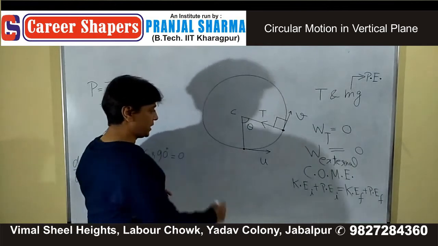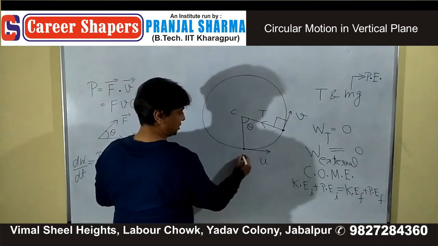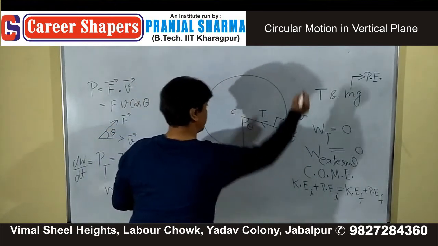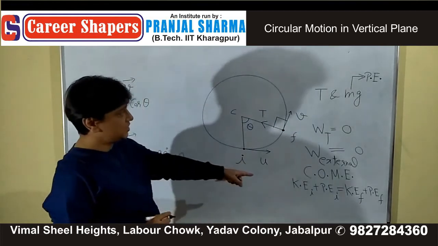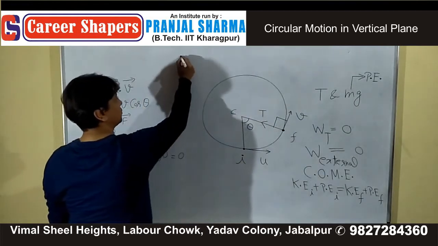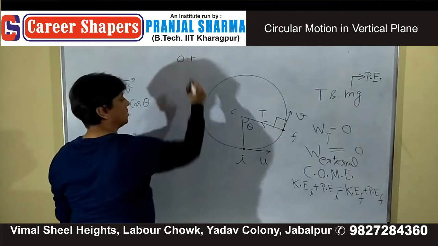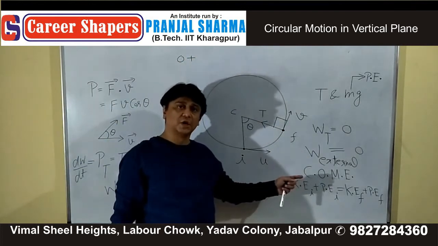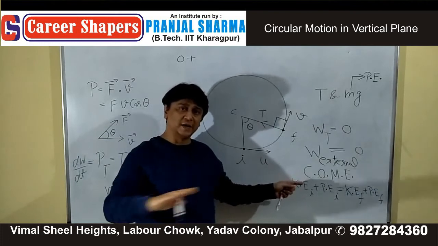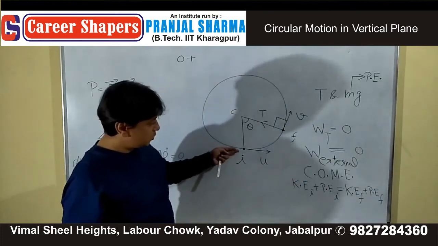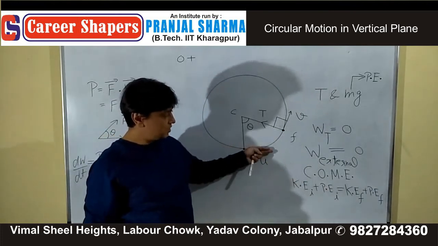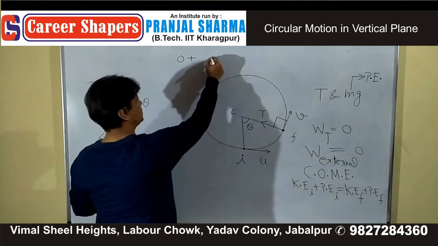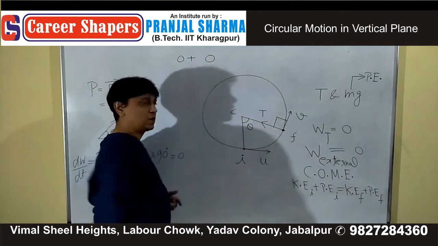That's the initial point. This is your final point. Your kinetic energy initially is what? Zero. Potential energy. We know that gravitational potential energy can be taken zero at any place. Let's say at the lowest point, we have taken gravitational potential energy as what? 0.